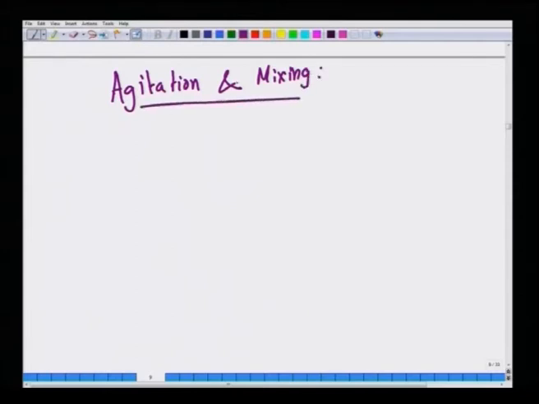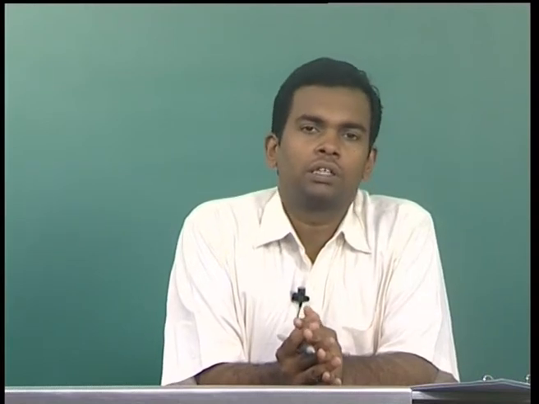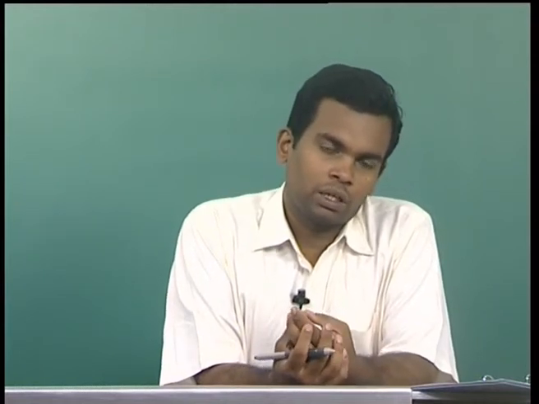Okay. So, agitation and mixing of liquids is a very important unit operation in chemical industries, because we have many reactors and separators in which we have the necessity to mix two streams. For example, you could have a gas stream and a liquid stream.